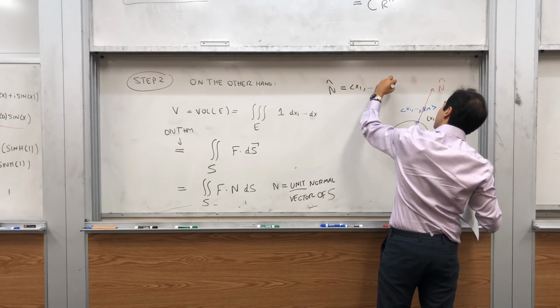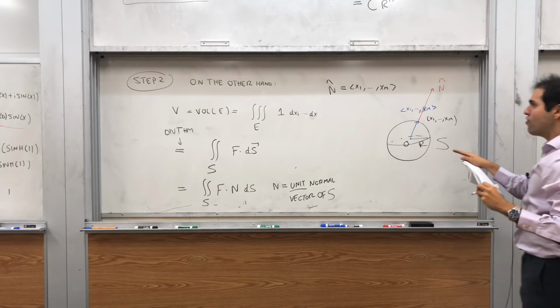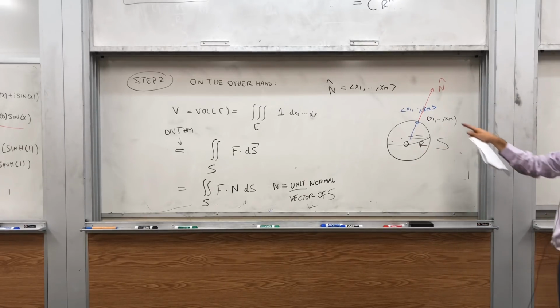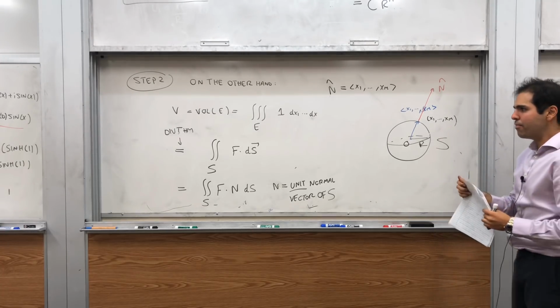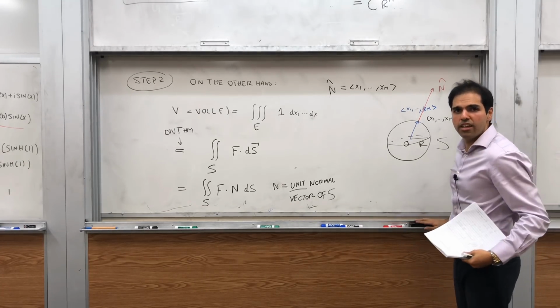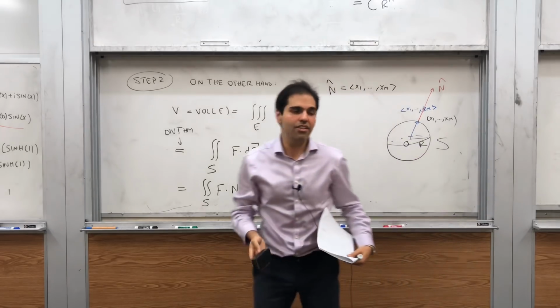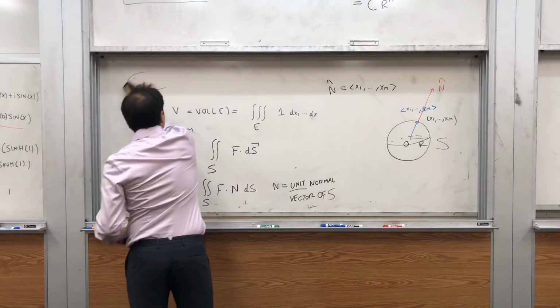So in particular, a normal vector would be x1 up to xm. And therefore, for the unit sphere, you just take this vector and divide it by its length. Because remember, for any vector, to get a unit vector, you just divide the vector by its length.